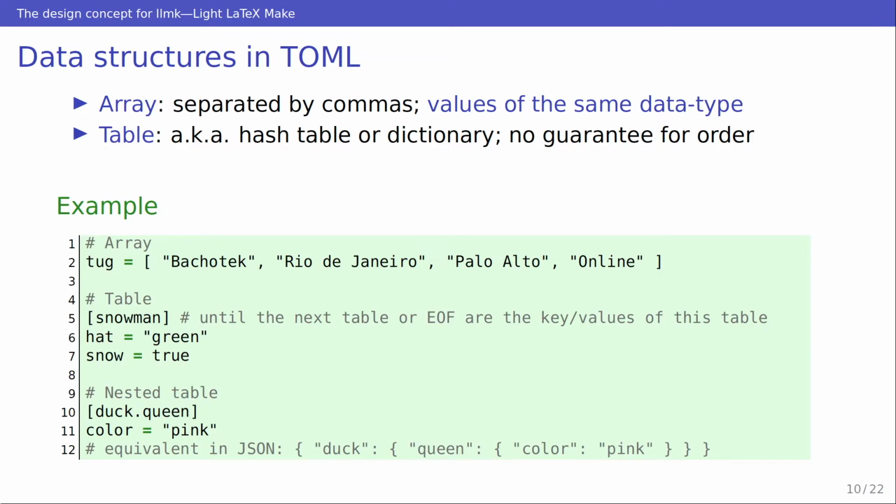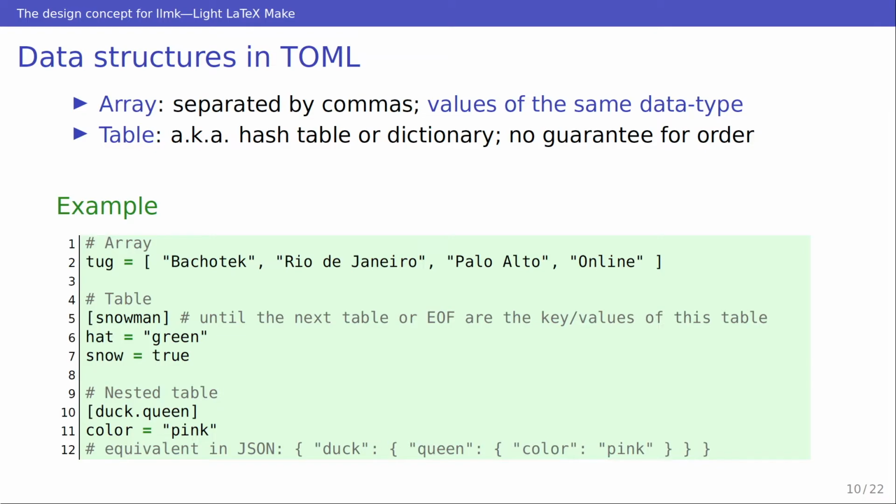It also has a table, which is also known as a hash table or dictionary. For this data structure, there is no guarantee for the order. An example is shown from line 4 in the example. The bracket represents the table name, and the table continues to the next table or the end of file.